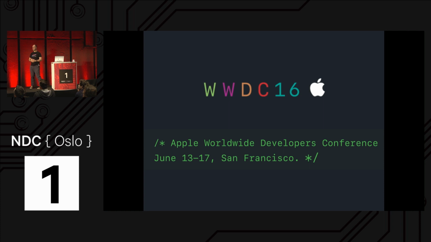WWDC, the Worldwide Developers Conference, where all the Apple developer news first comes out. In last year's conference, Swift 3 was announced. For the first few versions of Swift, it was promised right at the start that there would be significant breaking changes between releases.